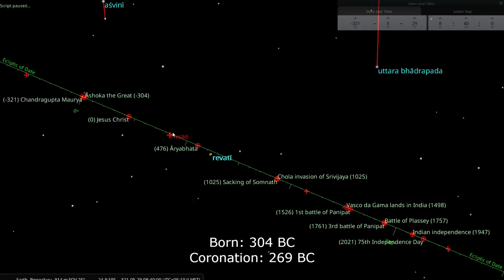And his grandfather, Chandragupta Maurya, minus 321 BC. This is considered the limits of historic India, meaning from this period we have records. Particularly Ashoka left lots and lots of inscriptions all over the country. But if you go back beyond this point, you are entering the prehistory of India, where things are not very sure.